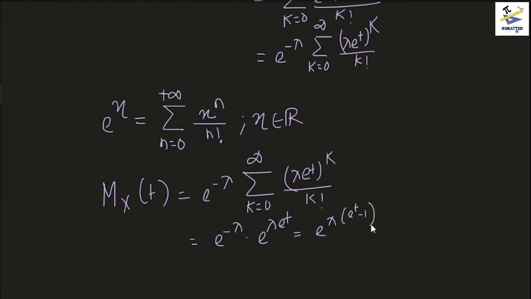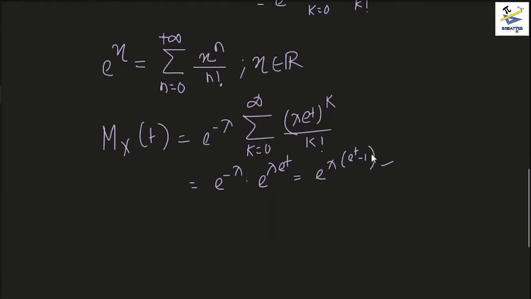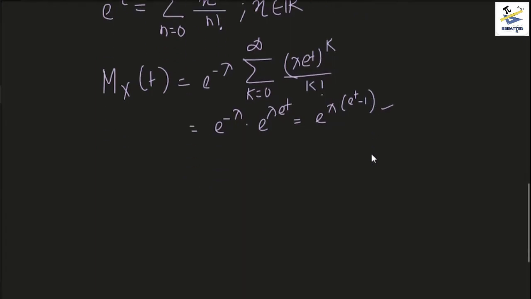This is the moment generating function. Also what we see here is that the moment generating function can be differentiated in order to find the moments. Why is that true? We shall prove it right now.